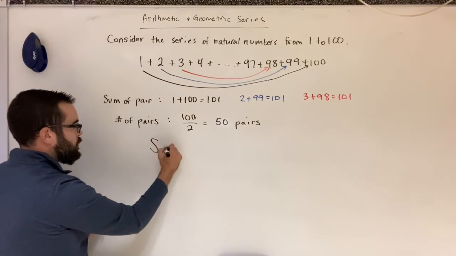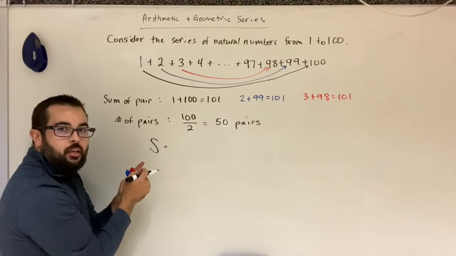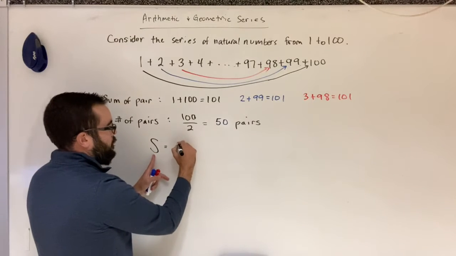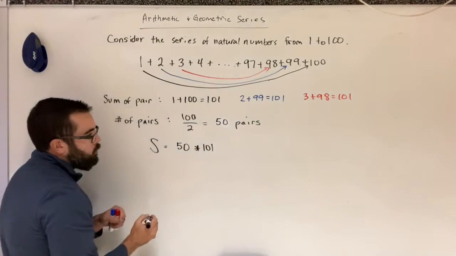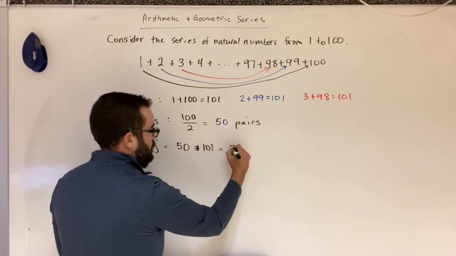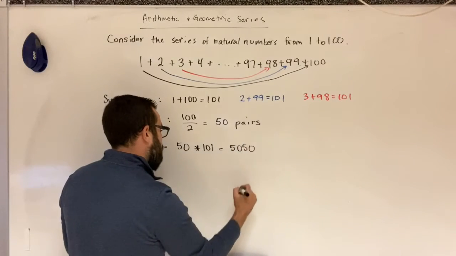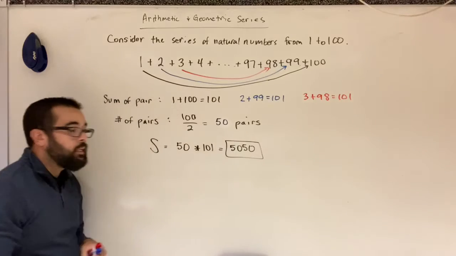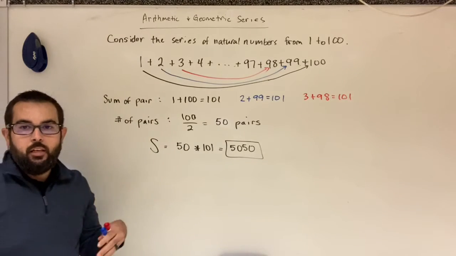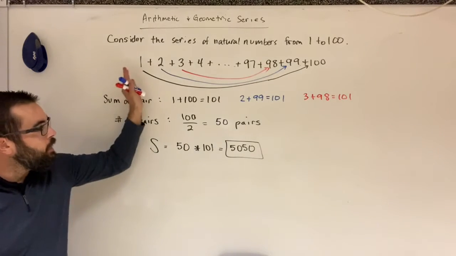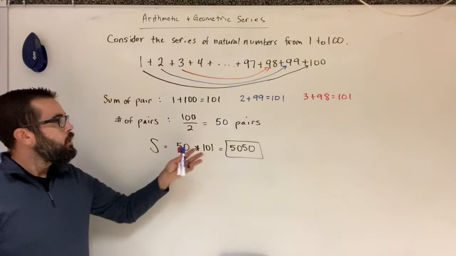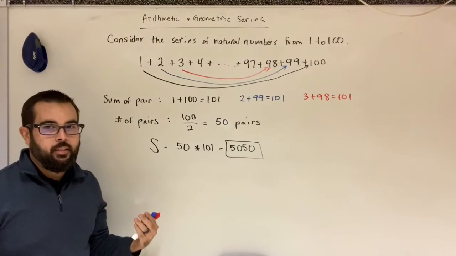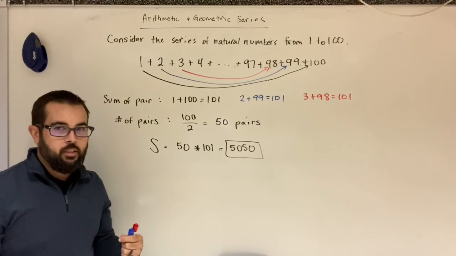So the sum, which I'm going to denote with a capital S, is just 50, the number of pairs, times 101, which is the sum. And he got that the sum was 5,050 without individually adding each term. So now I ask, how can we generalize this? So that's what I'll cover next.